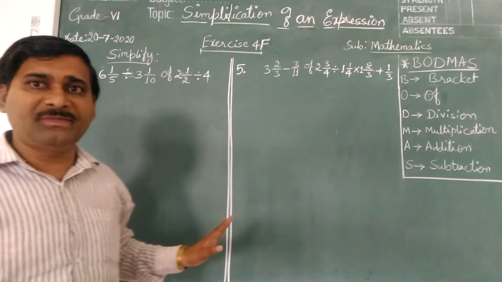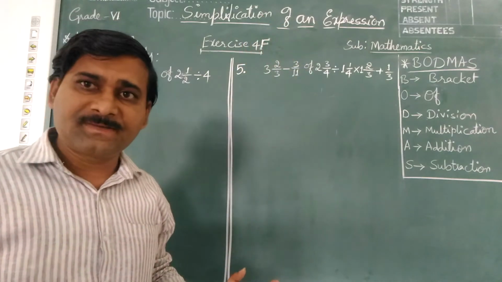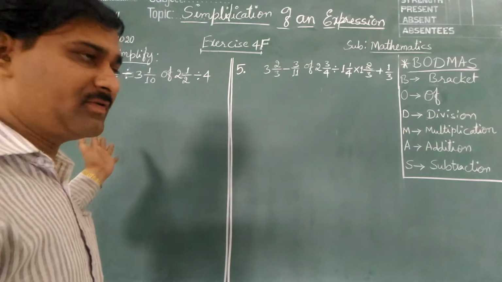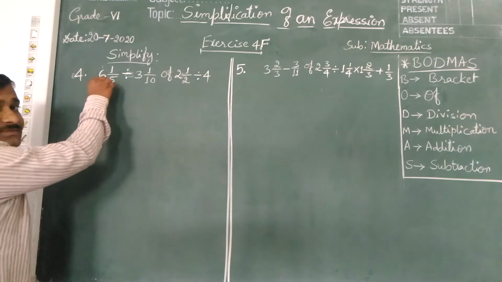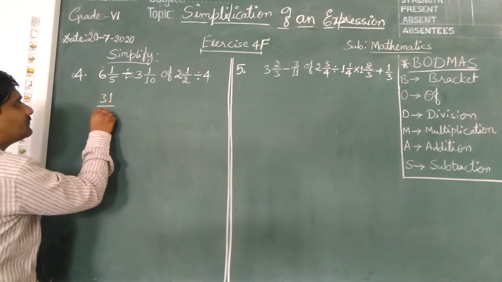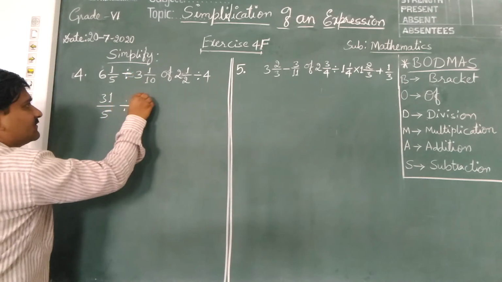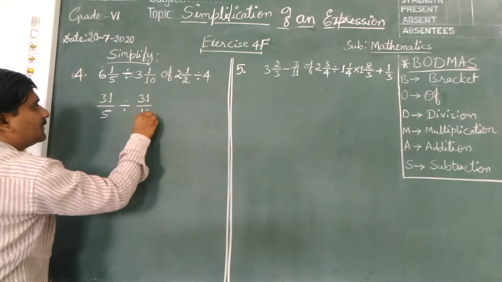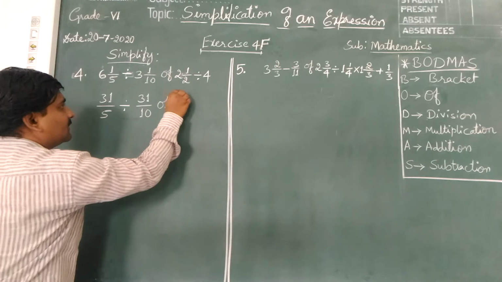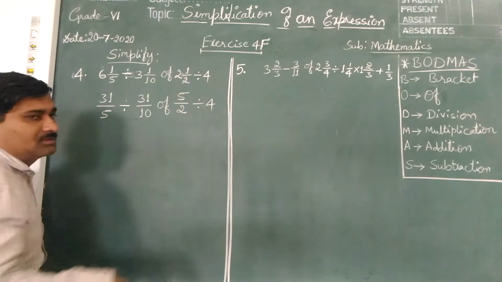Before going to BODMAS, let us convert the mixed fractions to improper fractions first. 6 5s are 30, 30 plus 1, 31 by 5, divided by 3 10s are 30, 30 plus 1, 31 by 10, of 2 2s are 4, 4 plus 1, 5 by 2, divided by 4.